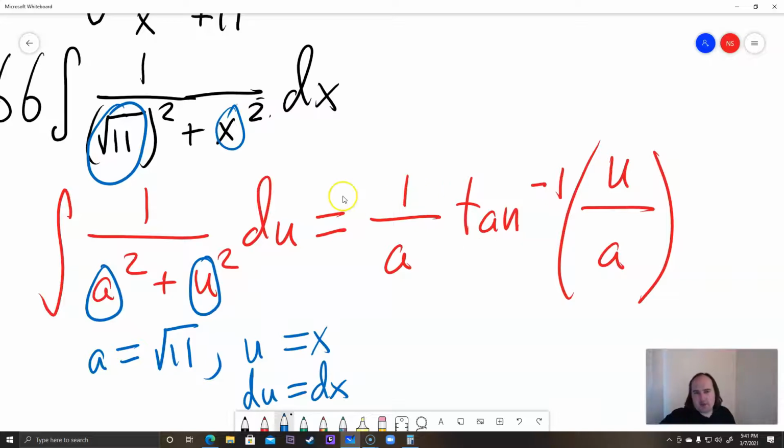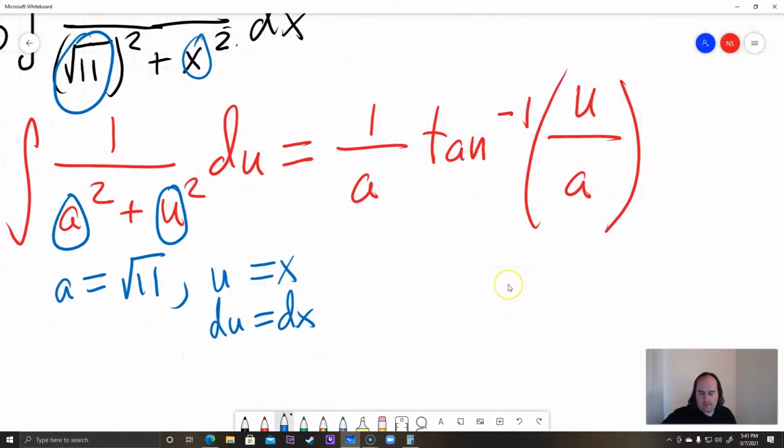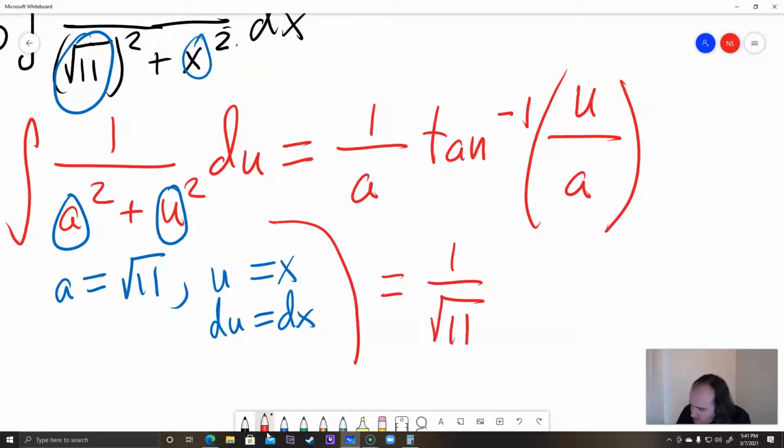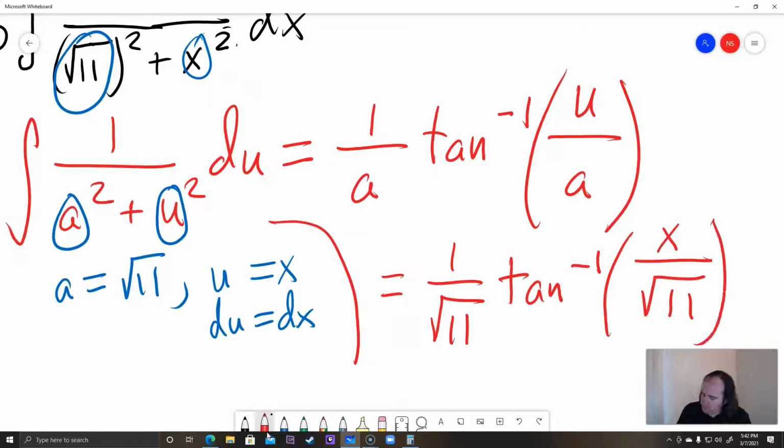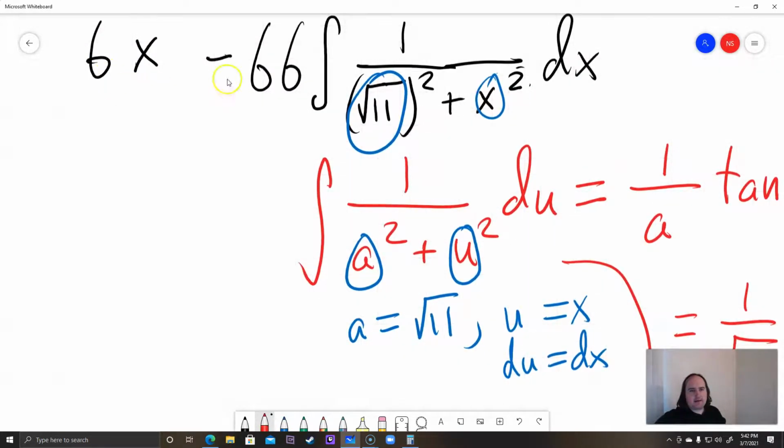So we can actually just plug everything into this formula. We're going to have 1 over root 11 tan inverse of x over root 11. And then we still have the 6x and the minus 66.